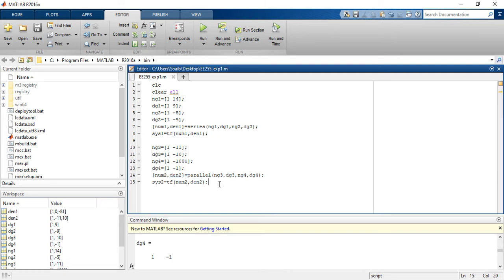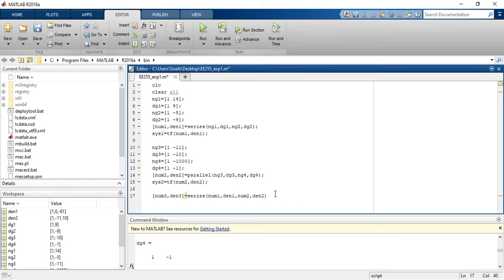For that I have to create another variable, num3 comma den3, is equal to the series connection of the first answer, that is num1 comma den1, comma, the second answer of parallel, that is num2 comma den2.